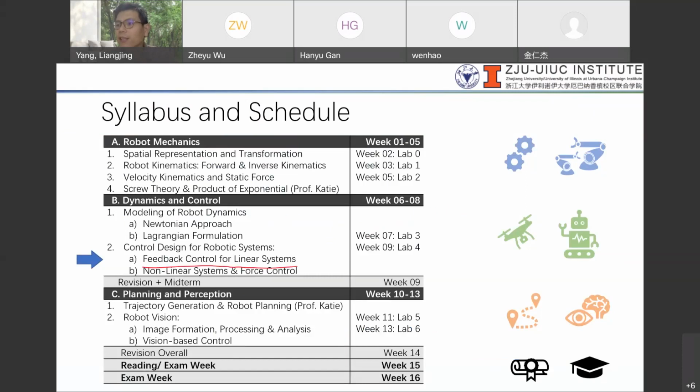Each joint can be looked at as a control system where we design the control law or control scheme to eventually control the entire manipulator arm. Later this week, on Thursday, we're going to move on to non-linear systems and take a look at force control as well, a little bit of it. That is the plan. Then we will have completed dynamics and control.